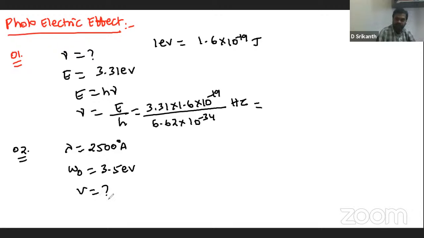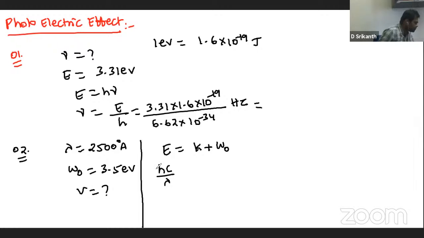That means we have the photoelectric equation: incident energy equals kinetic energy plus work function. Incident energy I can write as hc by lambda, equal to kinetic energy plus work function, which they gave already.